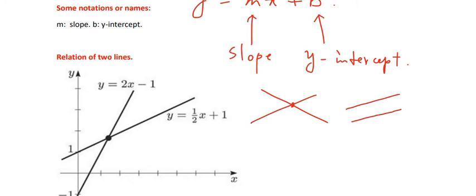If this line and this line intersect at a right angle, we call this perpendicular.